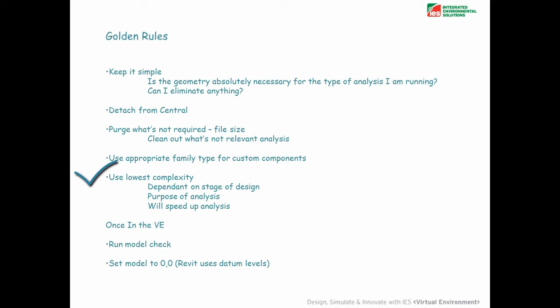Or maybe it's early stage, and you just want a rough idea of shapes and the percentage of glazing on a surface, like a south-facing facade. Then you would maybe choose a lower complexity. And once you get into the virtual environment, you can run some checks on your model. We'll look into each of these in a bit more detail as we go through.